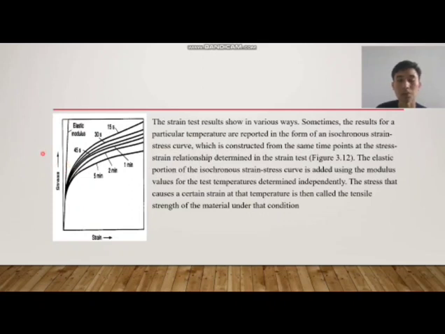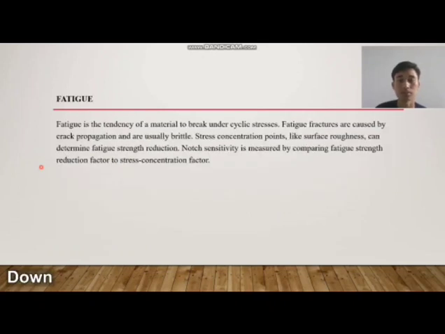The elastic portion of the isochronous curve is added using the modulus values for the test temperatures. The stress that causes a certain strain at that temperature is then called the tensile strength of the material under that condition.